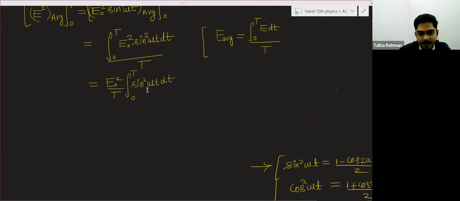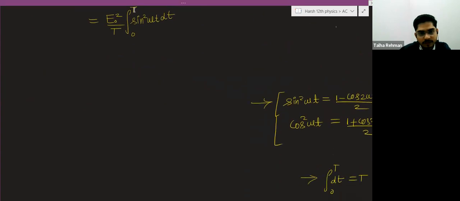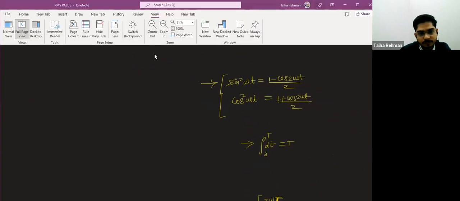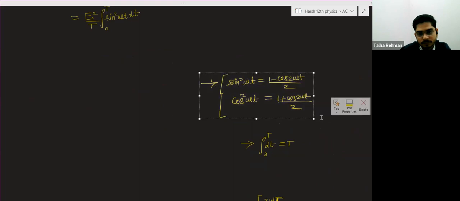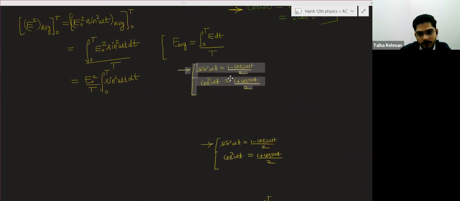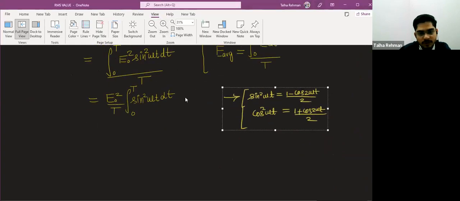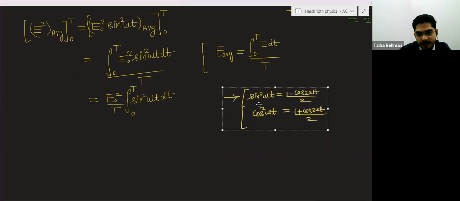Now for sin square omega t, there is a trigonometry formula that will be used here. Sin square omega t can be written as (1 minus cos 2 omega t) by 2.